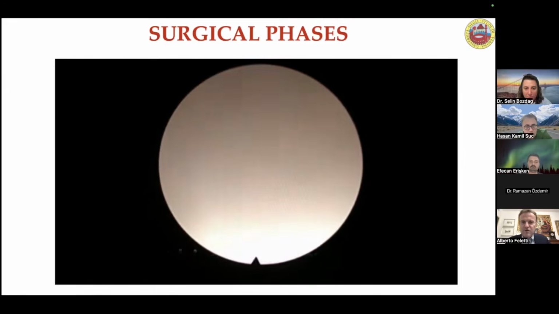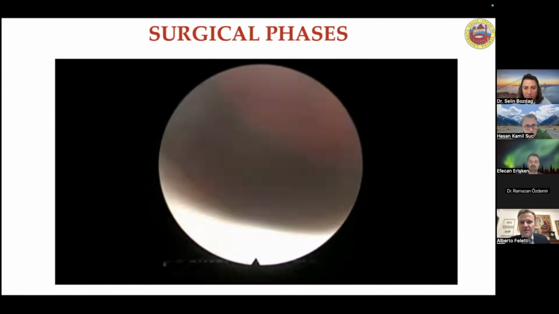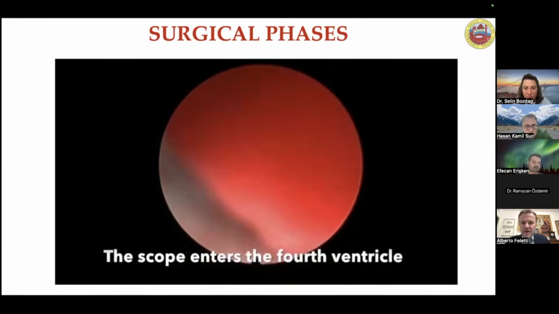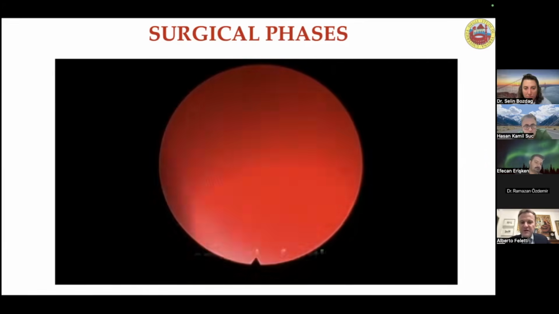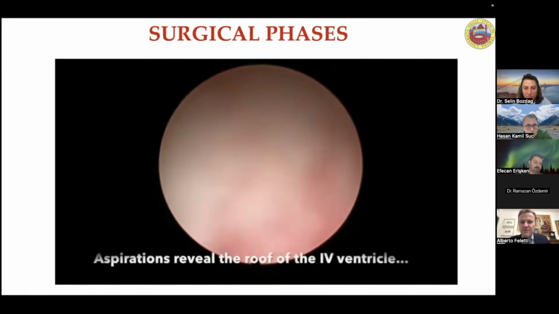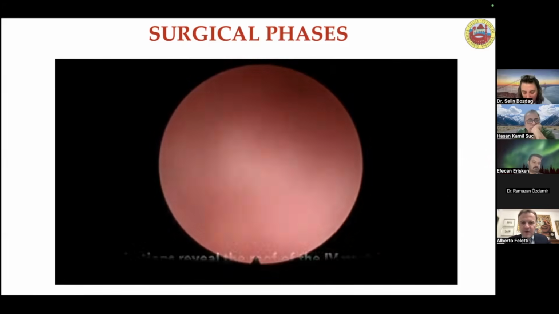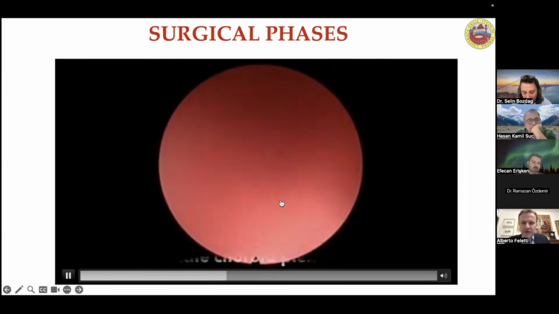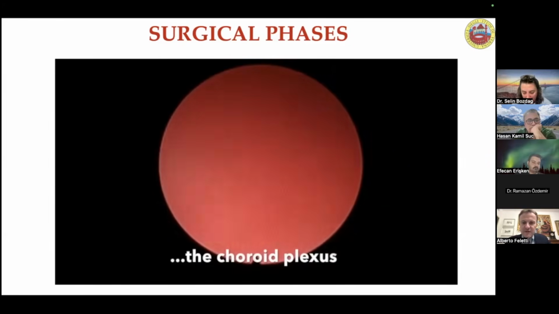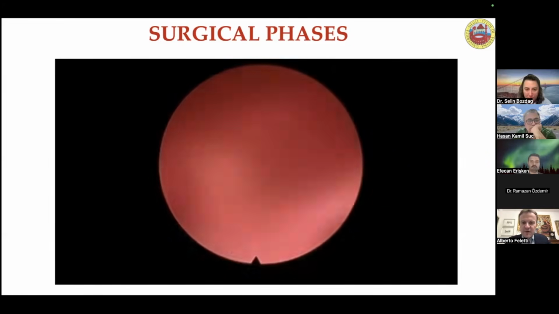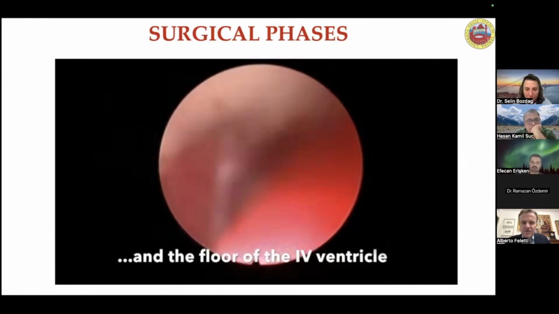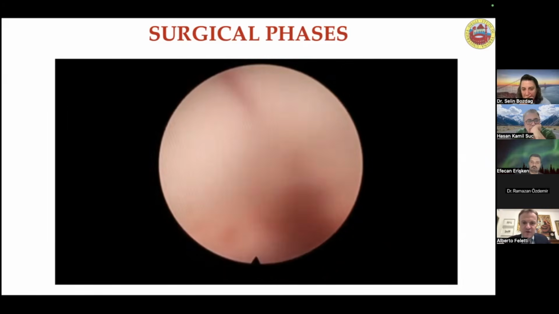You have to push the tip of the scope inside the fourth ventricle and start aspirating the blood clots from the fourth ventricle with the same technique. I want to point out that the third and the fourth ventricles are very small ventricles, so it takes a few minutes to get rid of blood in these ventricles.